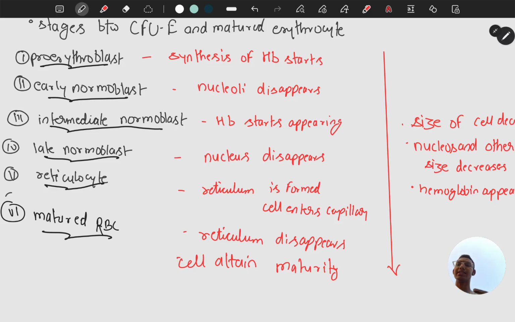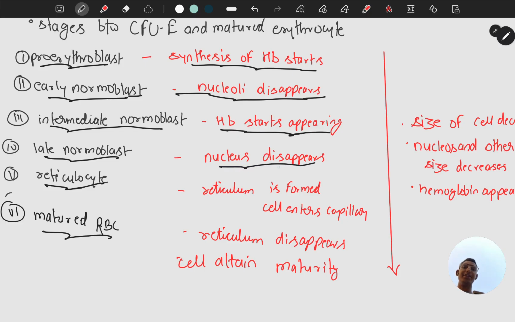Main points of these stages: in proerythroblast, synthesis of hemoglobin starts. In early normoblast, the nucleoli disappear. In intermediate normoblast, hemoglobin starts appearing. In late normoblast, the nucleus disappears.